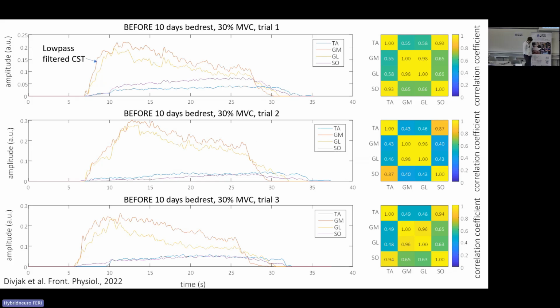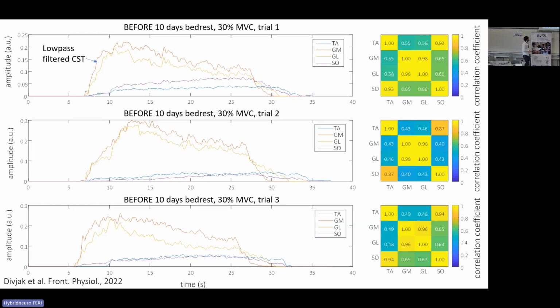Now, when analyzing these signals, we can do it in two ways. The first one is let's calculate the cumulative spike train for each and every muscle and low pass filter it, and that's why we get 4 lines in the first upper graph.